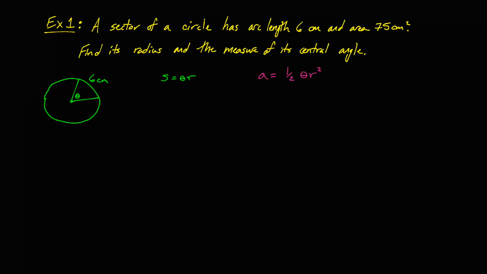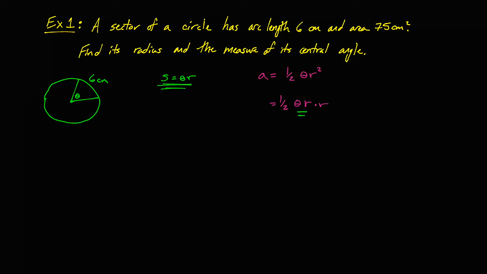In this case, let's look at our area and suggest, well, if we have 1/2 theta r squared, we can say 1/2 theta times r multiplied by another r. Well, what's important here is to note we've seen this part before, right here. So we can just simply substitute this in for this.